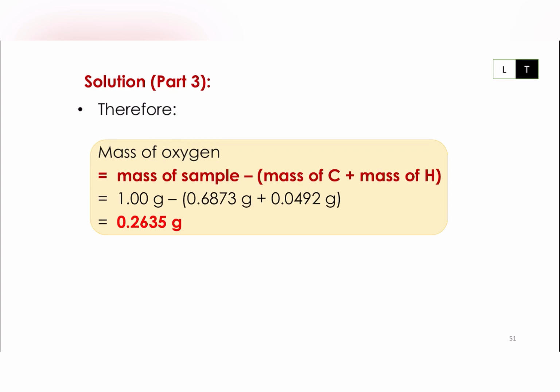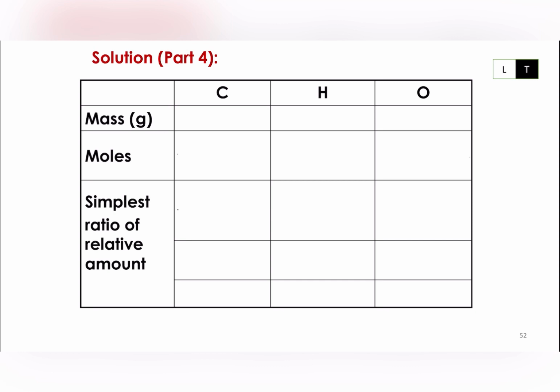Now, don't forget, in order to determine the empirical formula, we have to construct the molar table. So, your molar table should have carbon, hydrogen, and oxygen as your elements. Continuing with moles, don't forget the units, mole, and the simplest ratio as your row.